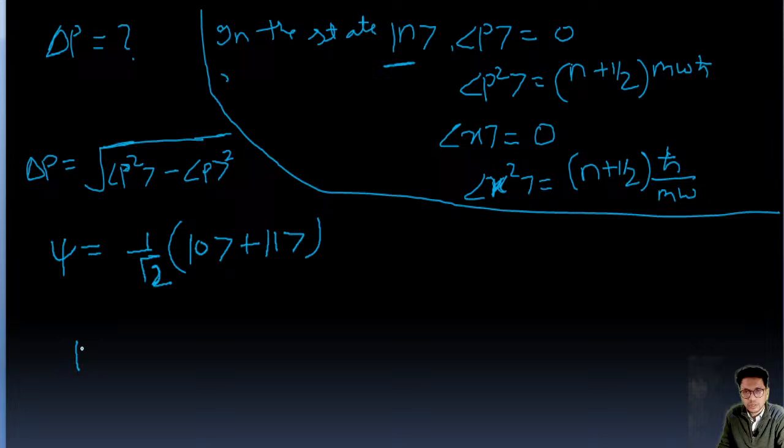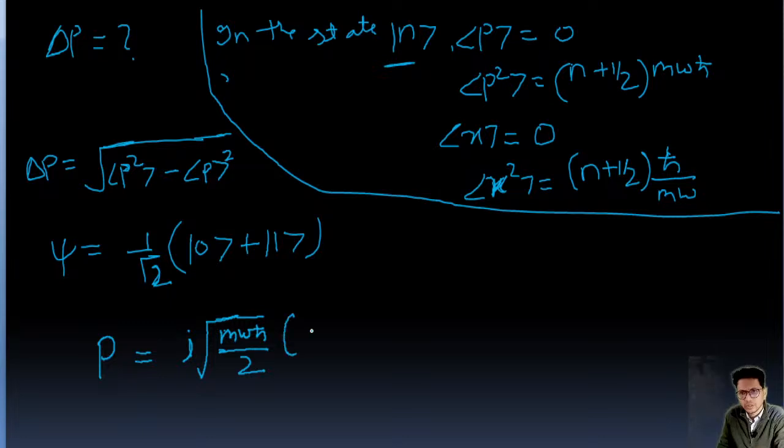And we know P. The value of P is iota root (m omega h cut by 2) (a dagger minus a).